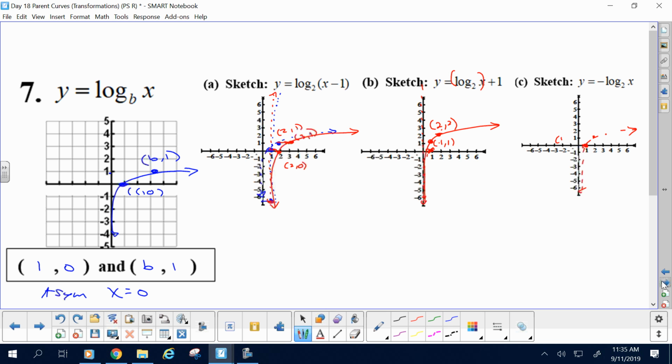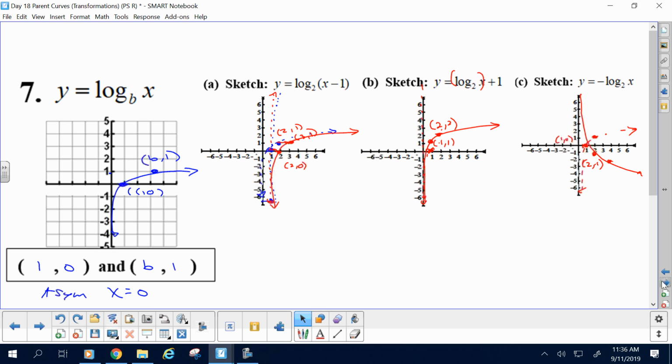What about the point 2, 1? If you reflect it down, the x stays the same, the y changes, it becomes 2, negative 1. All right? 4, 2, and so on.